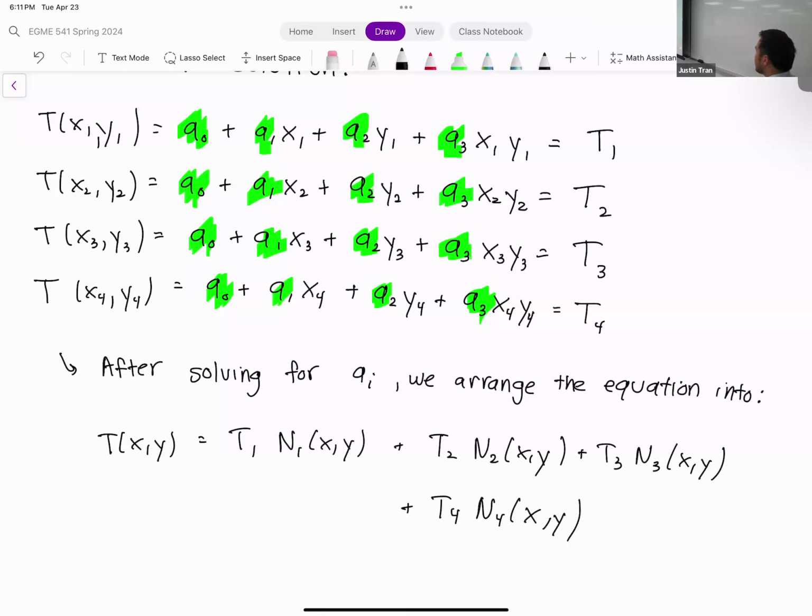So basically we're going to get pretty complicated expressions for A0, A1, A2, A3, and they're going to involve all four of the T terms. But if we rearrange the equation algebraically to group all the T1 terms together, all the T2 terms together, all the T3 terms together, all the T4 terms, we're going to get an expression where whatever is multiplying each of the T's is going to be our shape functions.